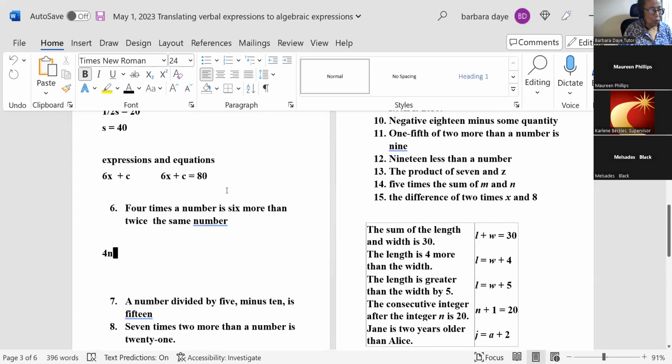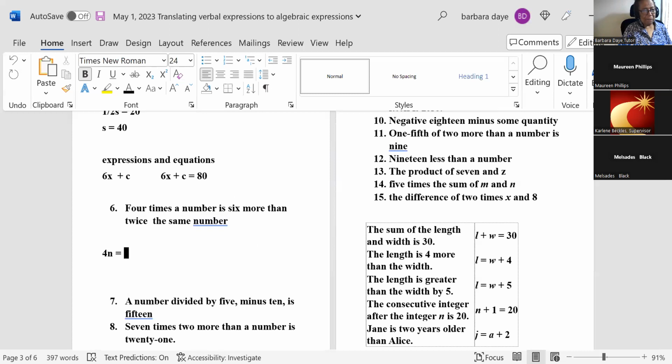Now, what would you put for is? What symbol? Equal. Very good. Now you want to say 6 more than twice the same number. So twice the same number means what operation? Multiplication again, right? 6 more than means what?